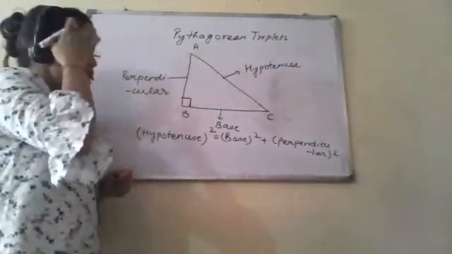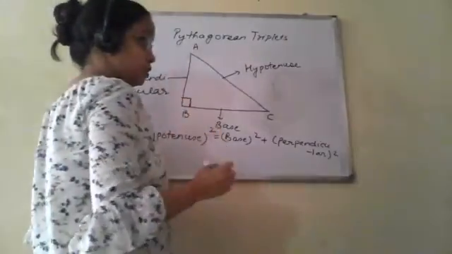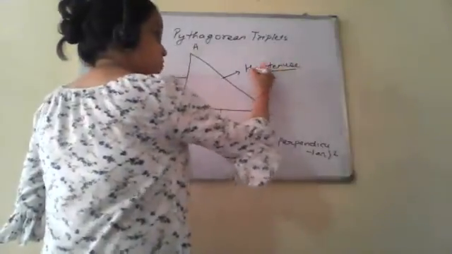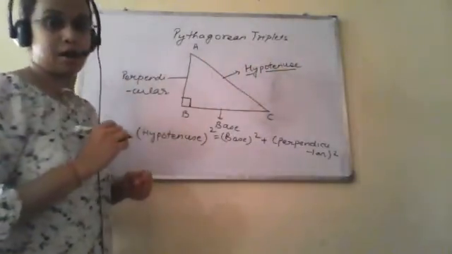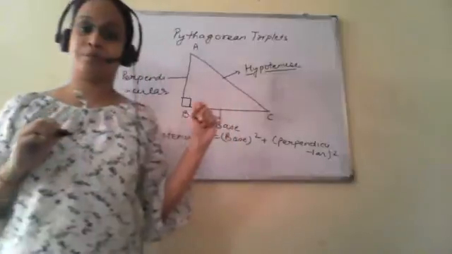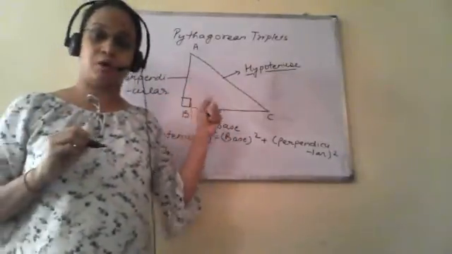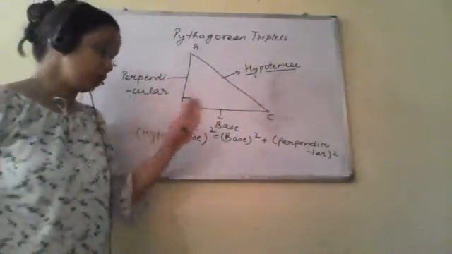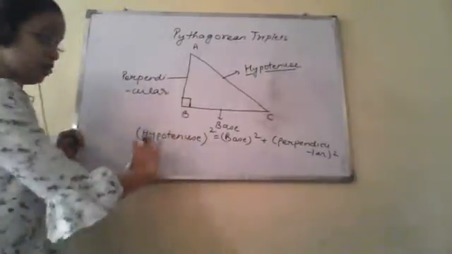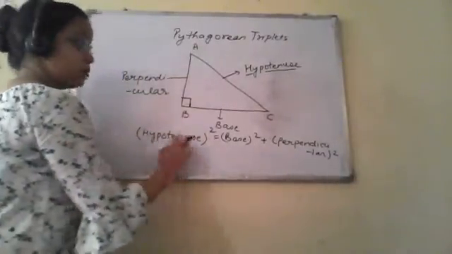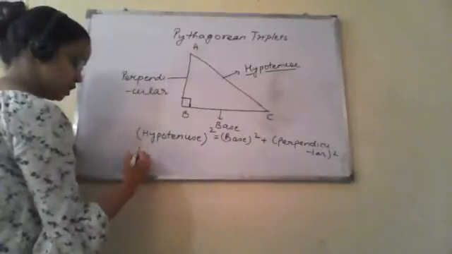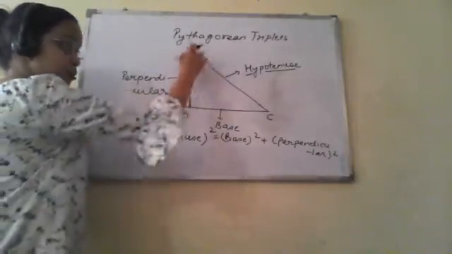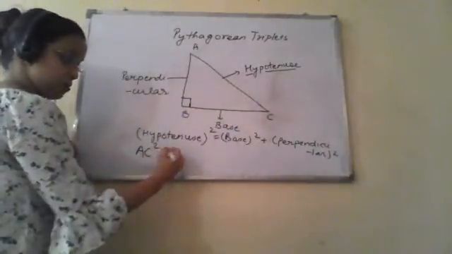This much is clear. And one thing that has to be noticed is that the hypotenuse is the biggest side of this right angle triangle. It is always the biggest side. It cannot be smaller than either of the other two. Now, if we have to write this in generalized form, the hypotenuse is AC, so hypotenuse square will be AC square.